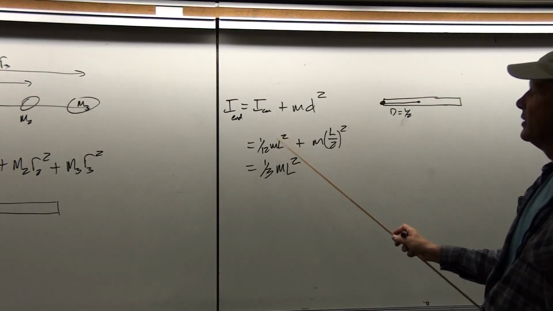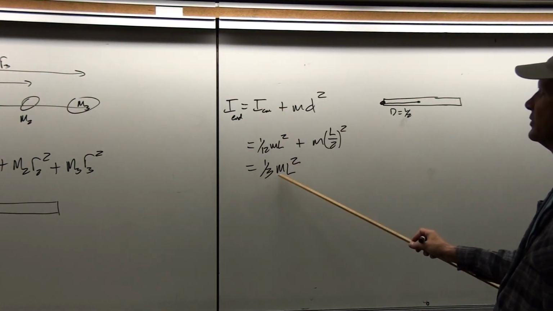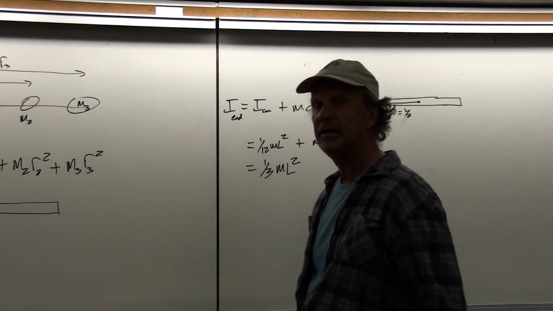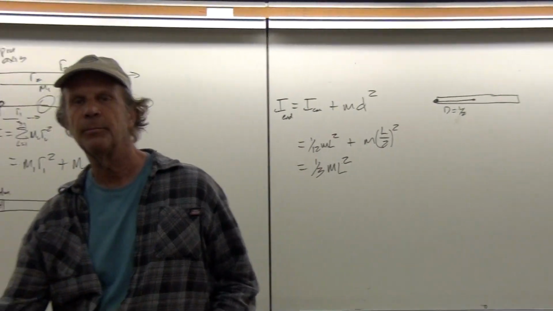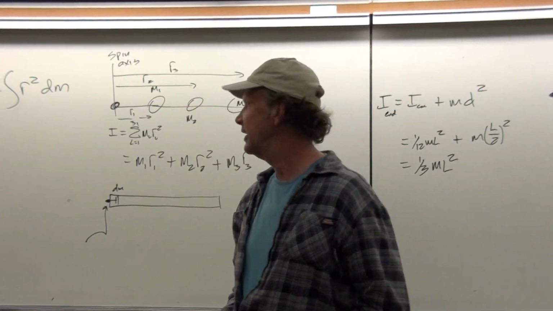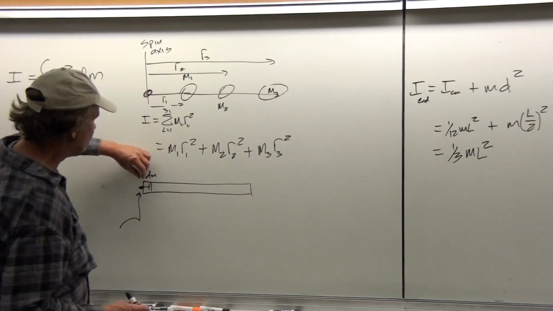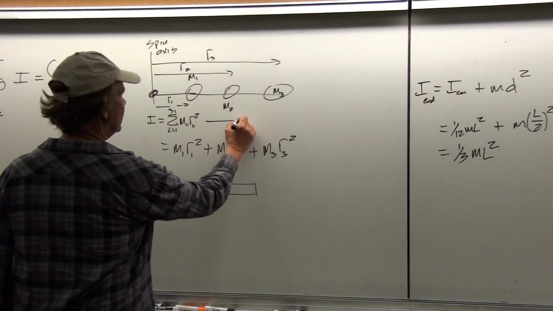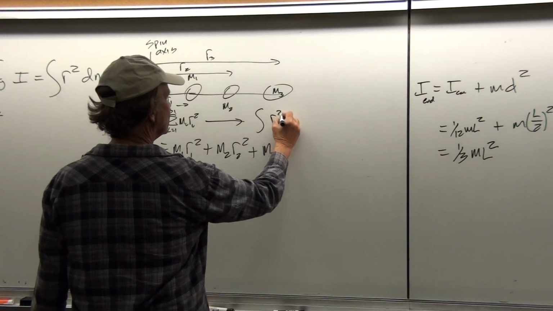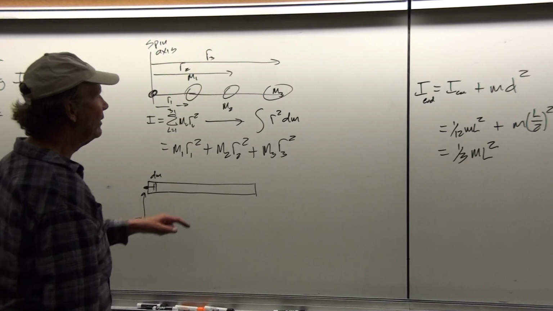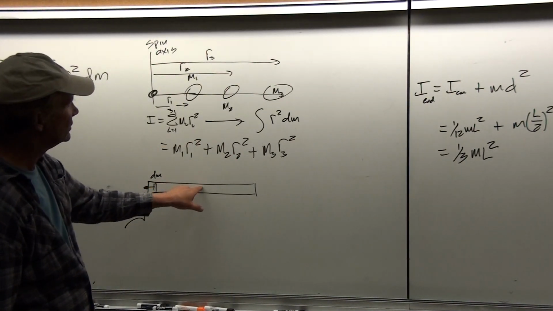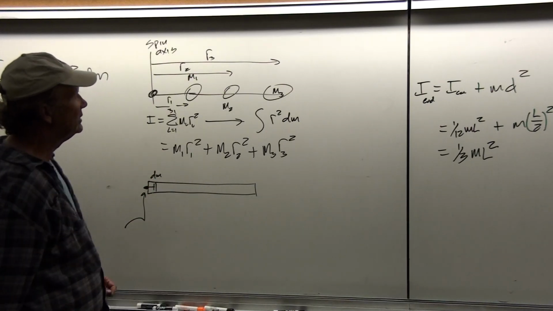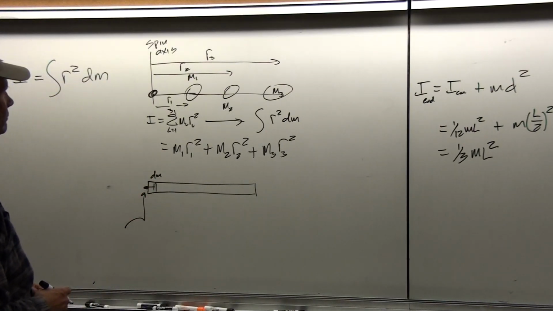So by knowing the moment of inertia at the center of mass, we could figure out the moment of inertia about the end. But instead of doing it that way, I'm going to go back to basic principles, by integrating, by summing up a whole bunch of little tiny mass elements. This makes a transition to the integral of r squared dm, when you have an infinite number of masses at ever increasing distances away from the center of spin.